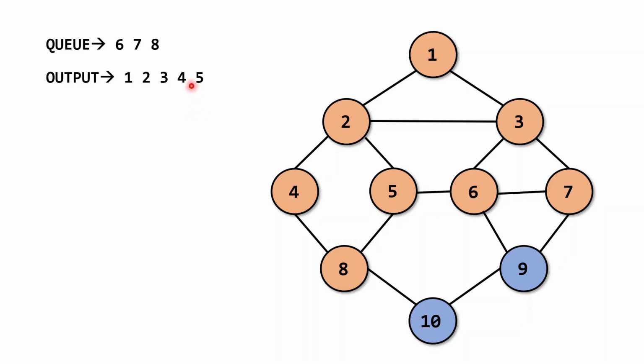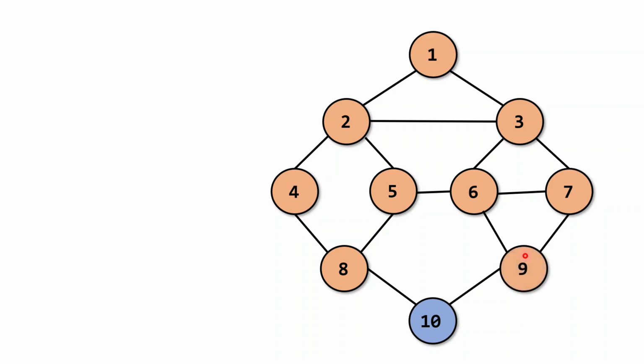Now I will put this 5 in the output like this. So at this time our output is 1, 2, 3, 4, 5, and our next node which we have to check is 6. So for 6 we have 3, 5, 7 and 9 as adjacent vertices, but 3, 5 and 7 are already visited, so we have to check only for this 9 node.